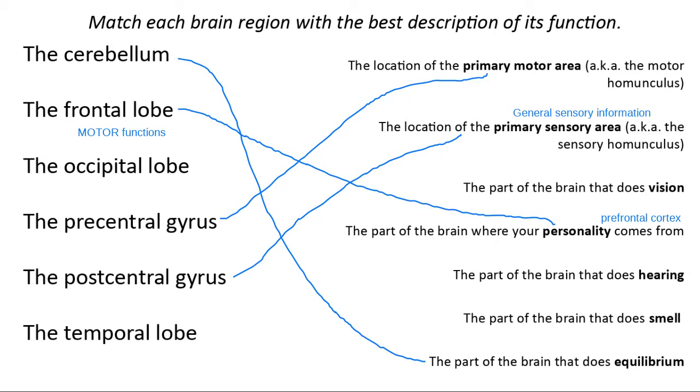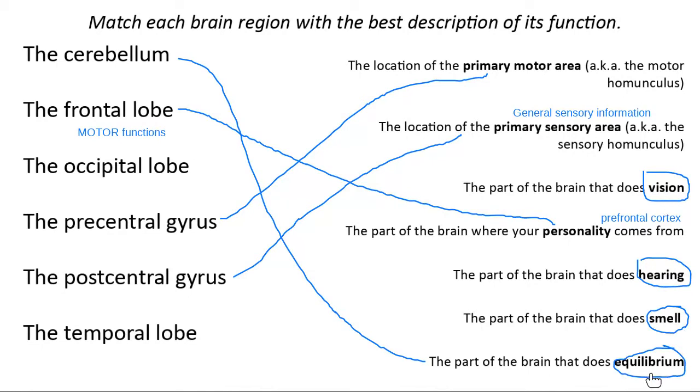General sensory information is stuff like touch or temperature or stretching. When we talk about some of the other functions on this list, like vision, hearing, smell or equilibrium, those are what we call special sensory information.